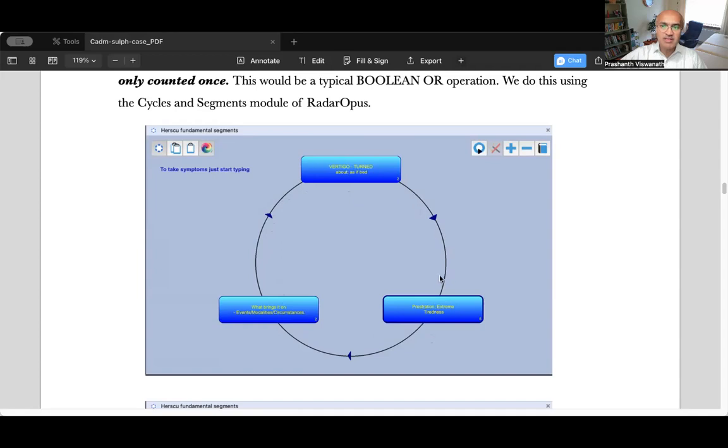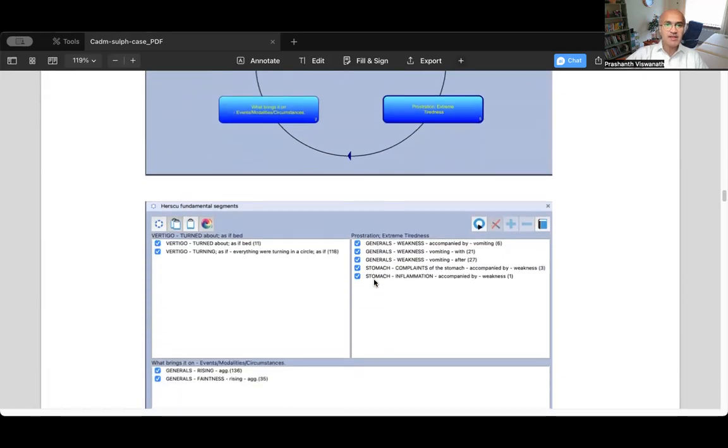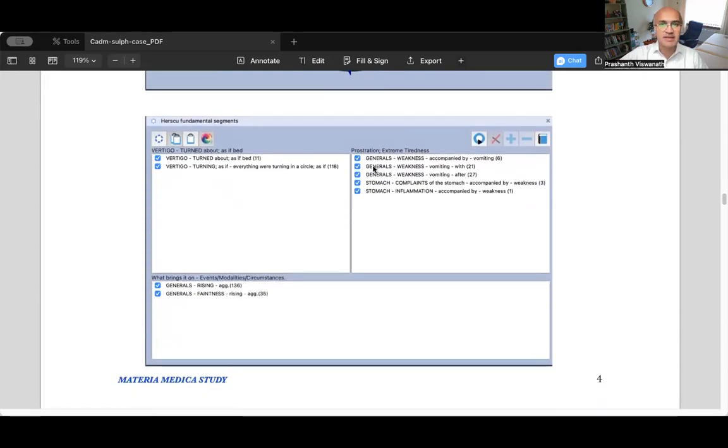And this particular way of repertorization, as I will show you shortly, leads to the best possible expression of the disease process, wherein the relevant remedy would be found when you repertorize. Okay. So as you see, I have taken these three segments and I have added these symptoms. I have kept it as broad as possible.